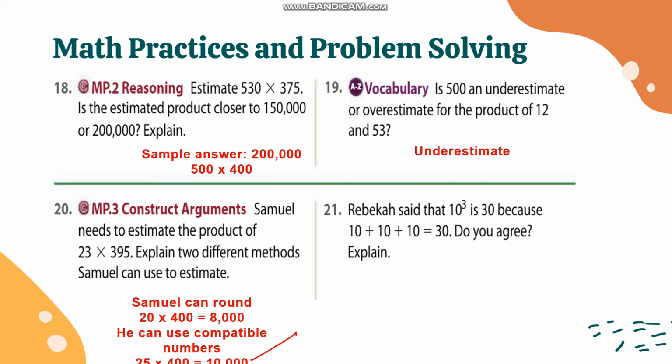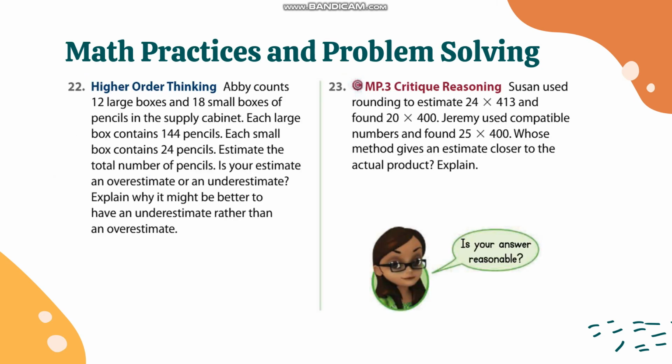Number 21. Rebecca said that 10 cubed is 30 because 10 plus 10 plus 10 equals 30. Do you agree? Of course not, because 10 cubed means 10 multiplied by 10 multiplied by 10, and that is 1,000. Number 22. AB counts 12 large boxes and 18 small boxes of pencils in the supply cabinet.